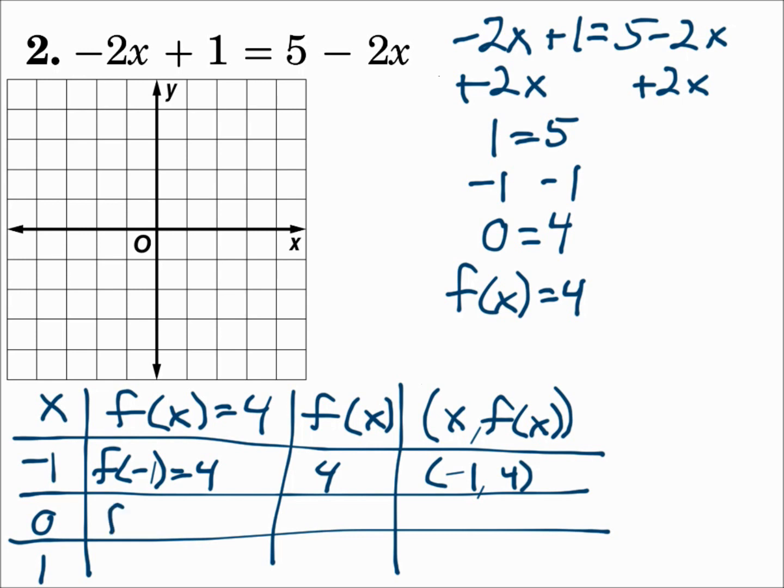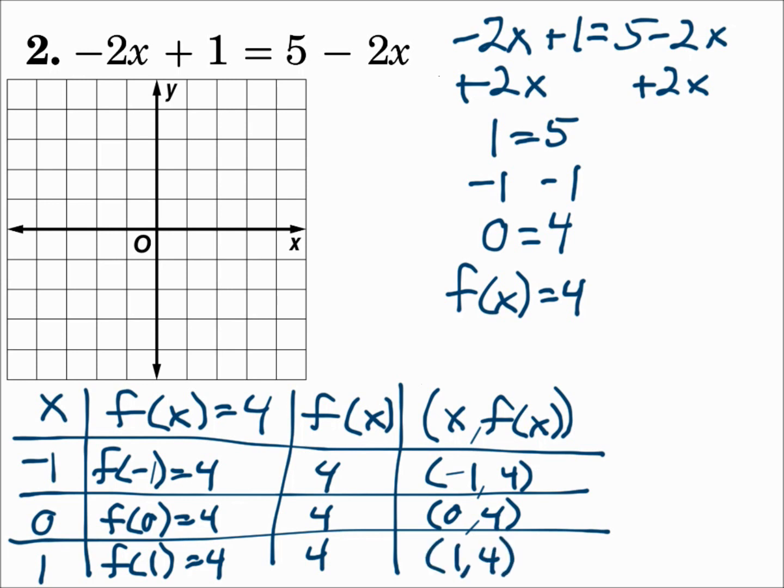When x is 0, f of 0, there's still nowhere to substitute the x, so that's still a 4. The same is true for f of 1. That's still a 4. For all of these, no matter what the x value is, the y value is 4. When you put anything into the function, it spits out a 4.